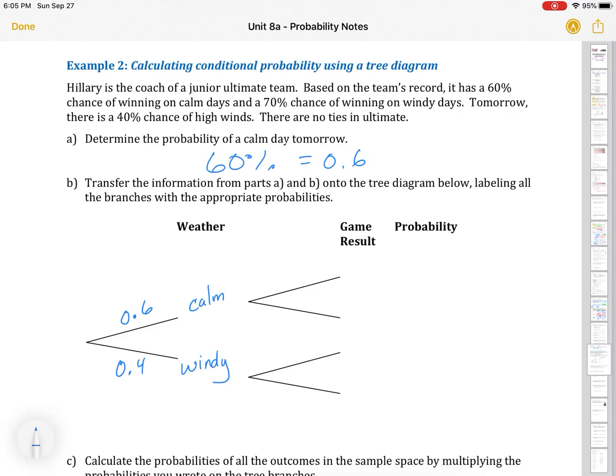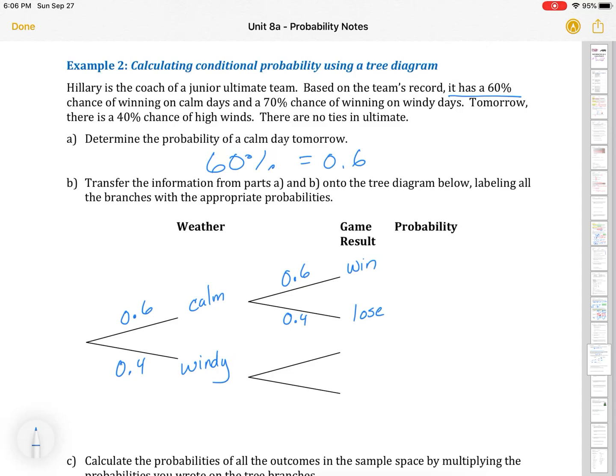Now, if it's calm, they have a 60% chance of winning, so that would be 0.6 to win. The complement of 0.6 is 0.4. So if it's calm tomorrow, they have a 0.4 chance to lose.